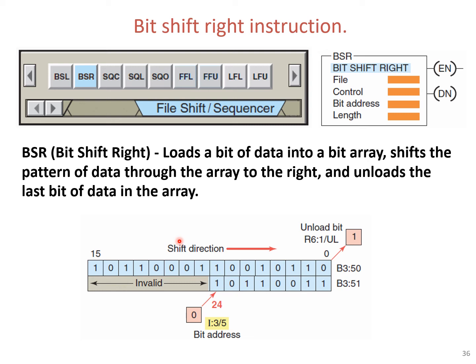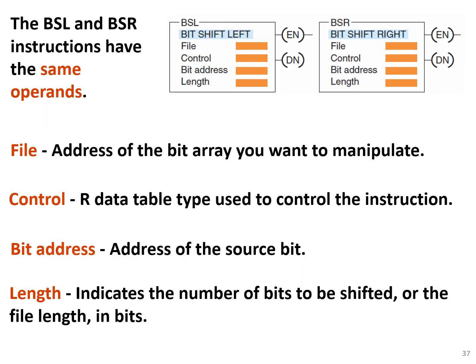BSR loads a bit of data into the bit array, shifts the pattern of data through the array to the right, and unloads the last bit of data in the array. So this is the last bit and this is the first bit. Okay, so we are unloading this bit and loading this bit. The BSL and BSR instructions have the same operands.